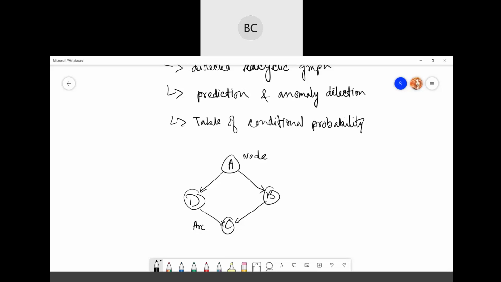Each node corresponds to a random variable, and these variables can be both continuous or discrete.